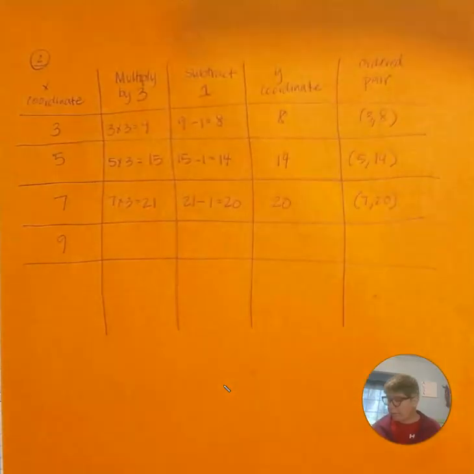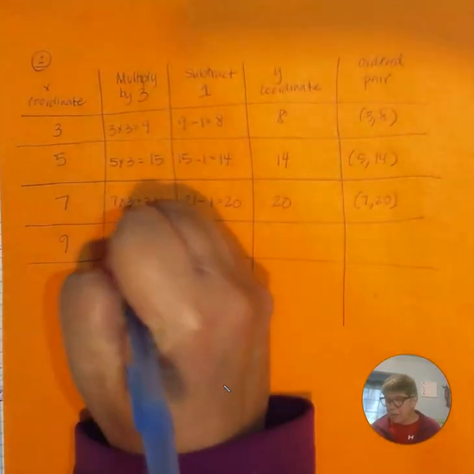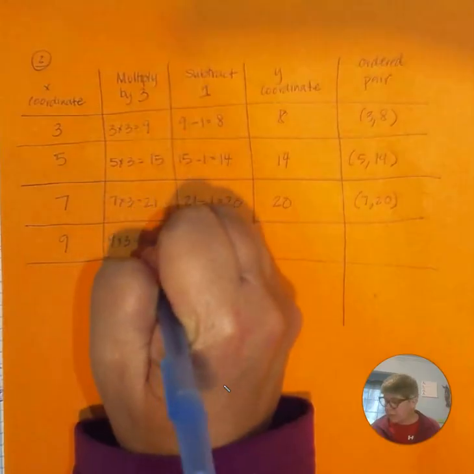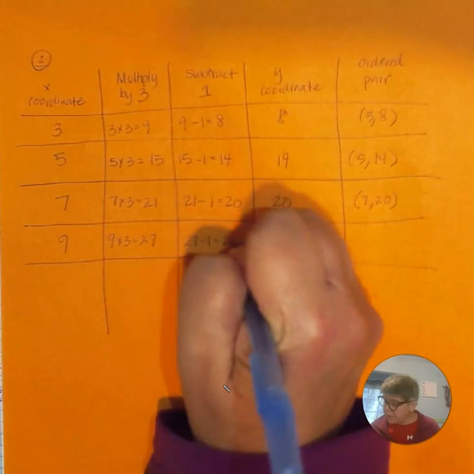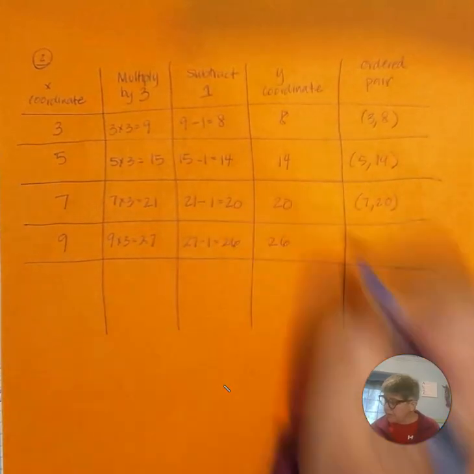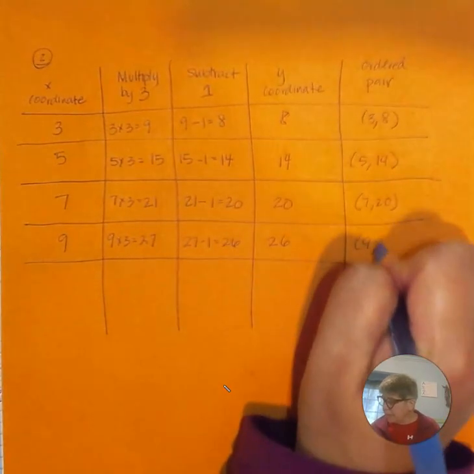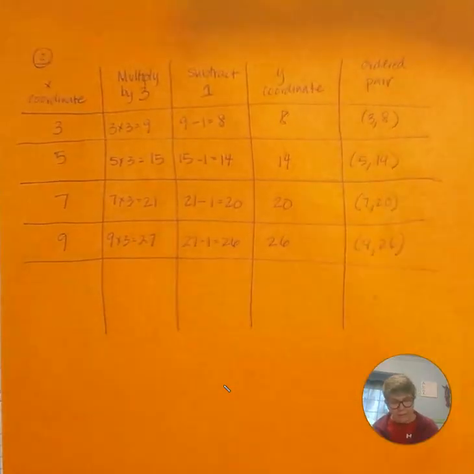And then 9 times 3 is 27. 27 minus 1 is 26. So our y-coordinate is 26. So our ordered pair is 9, 26. Okay?